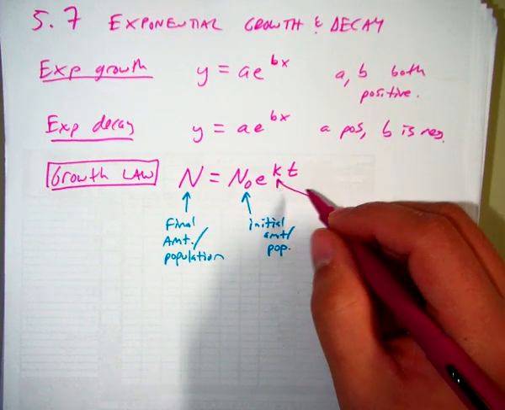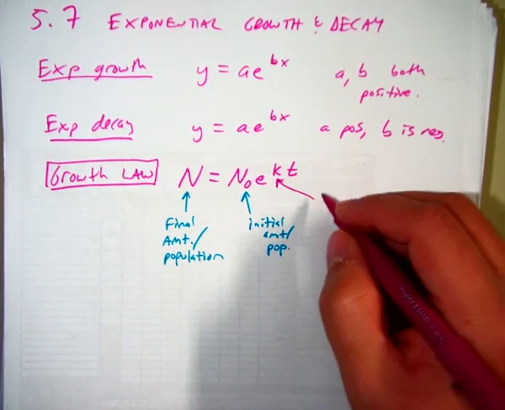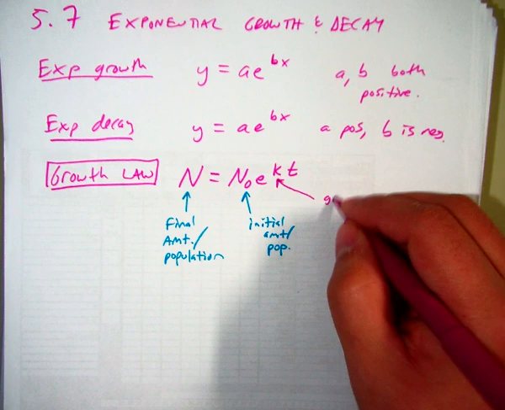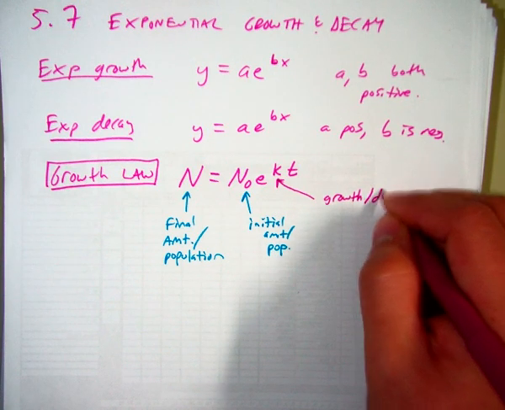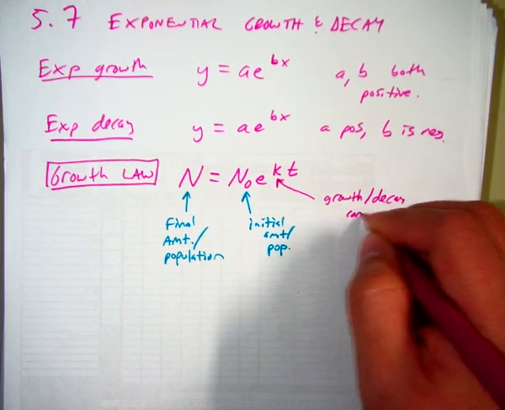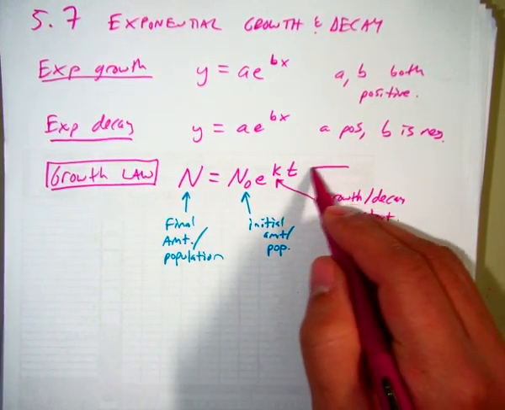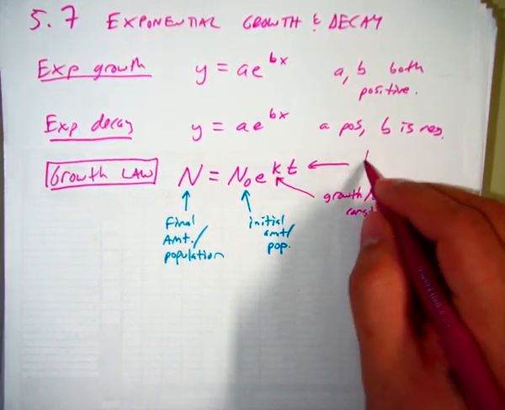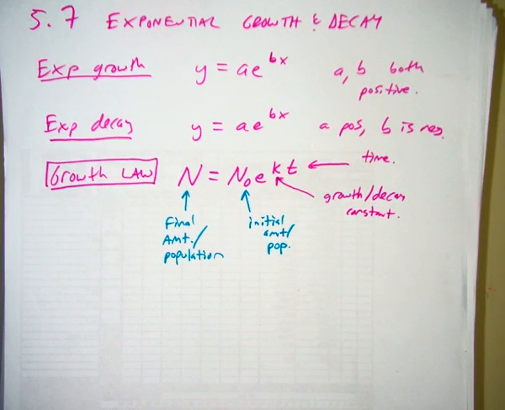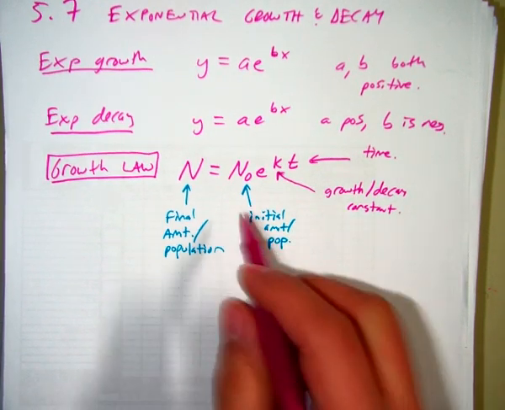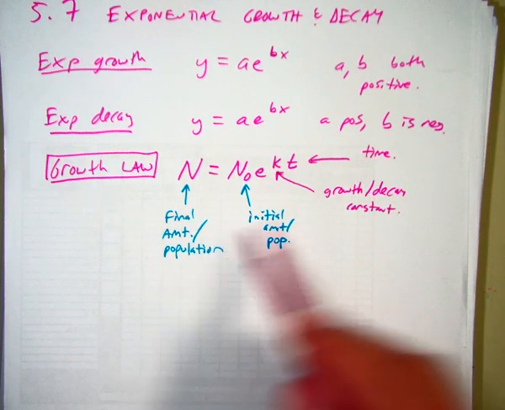This k here is going to be a growth or decay constant. And then t is obviously time. So these variables are defined as we did here.